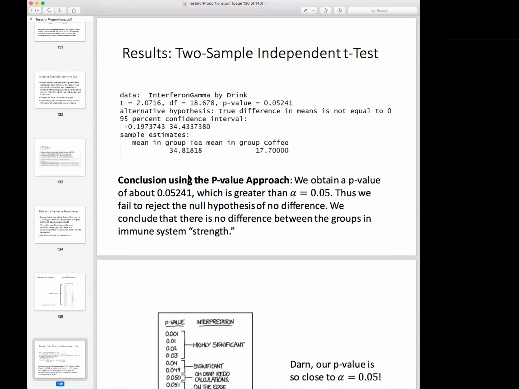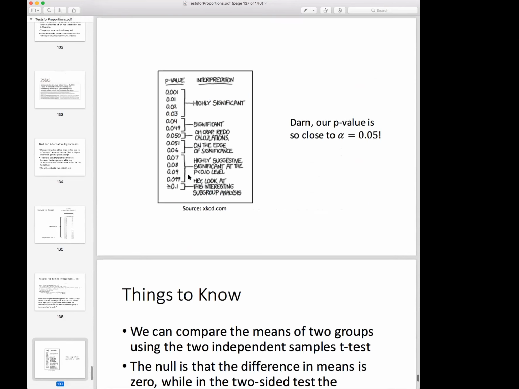So it's a little bit higher than 0.05, thus we fail to reject the null hypothesis and conclude that there is no difference in immune system between those who were drinking tea and those who were drinking coffee in this example.